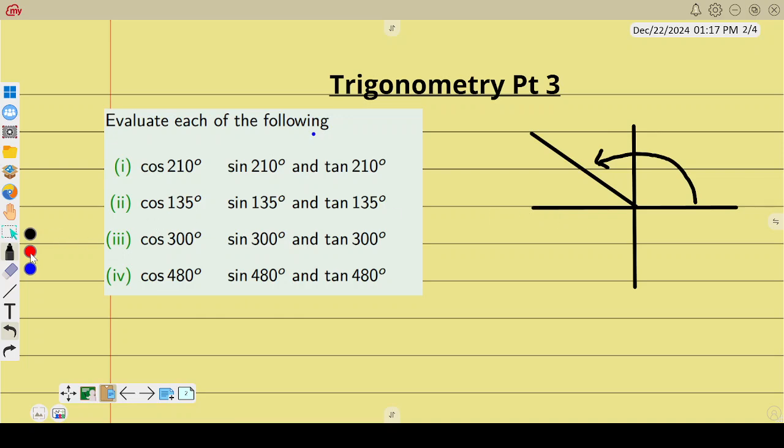Our helping angle here is this one. Since this one is 135, we can know this angle by subtracting from 180. So 180 minus 135, our helping angle is what? When you subtract, you get 45.